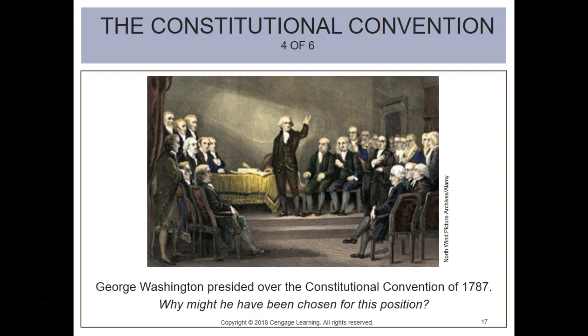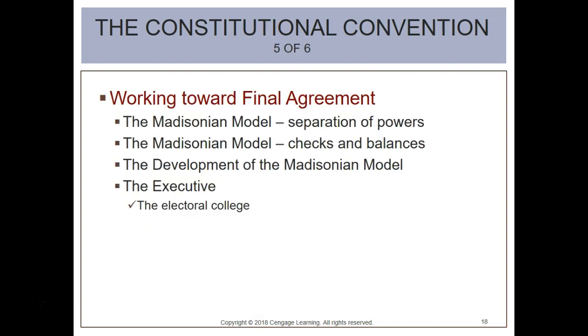George Washington was the leader of the Constitutional Convention, and you have to remember, he was a war hero, basically, and had a lot of leadership capabilities. And you can see why he would be chosen for this type of position. The Madisonian model, this is something that's relatively new in this field, or at least a different way of saying it.